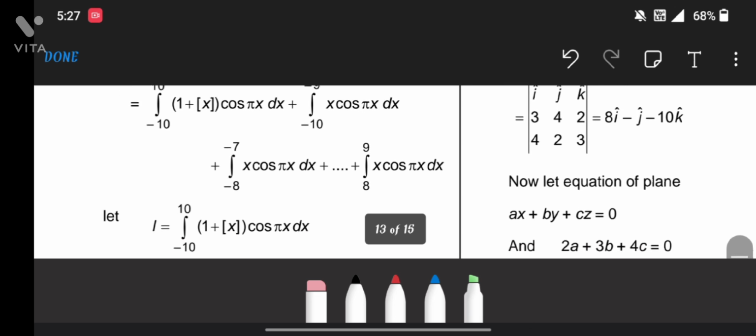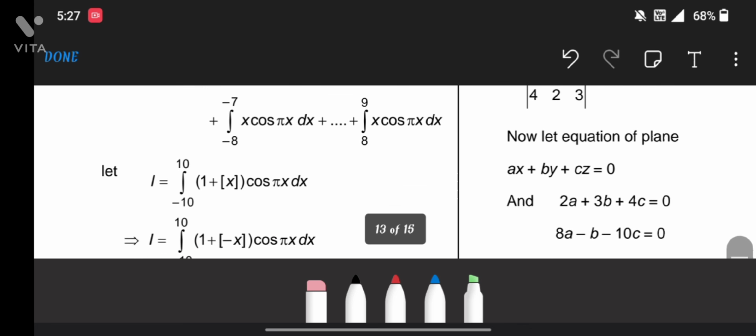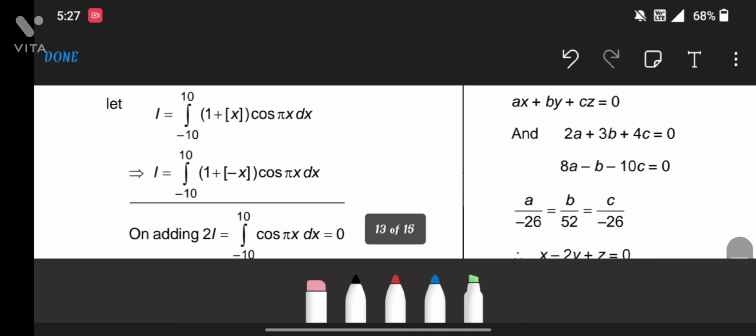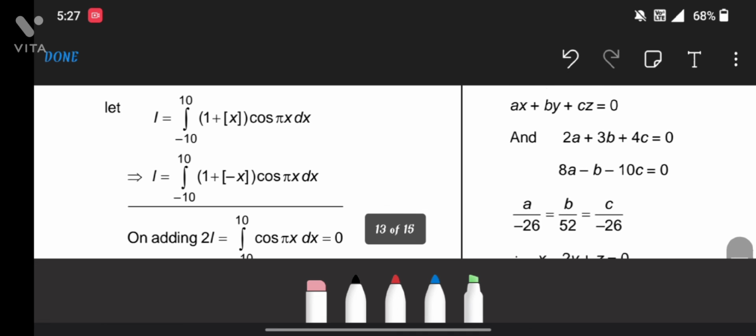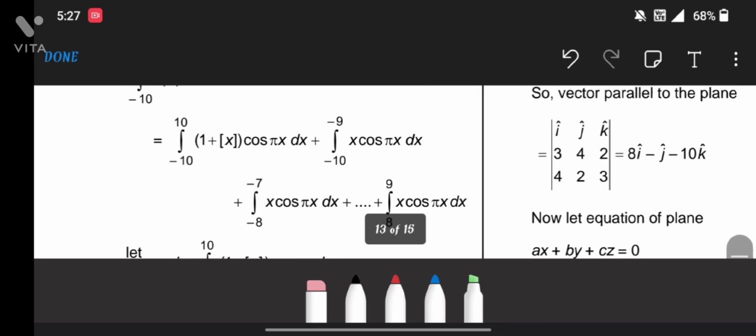This option C, you can see, is the correct answer for question number 11. Moving on to our next question, as I said, questions 12 to 20 I will do after some days when I get those questions.